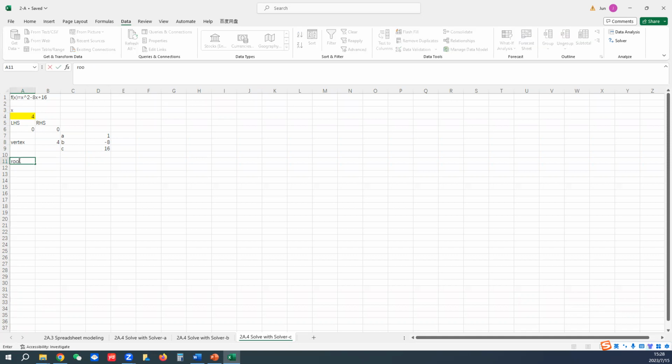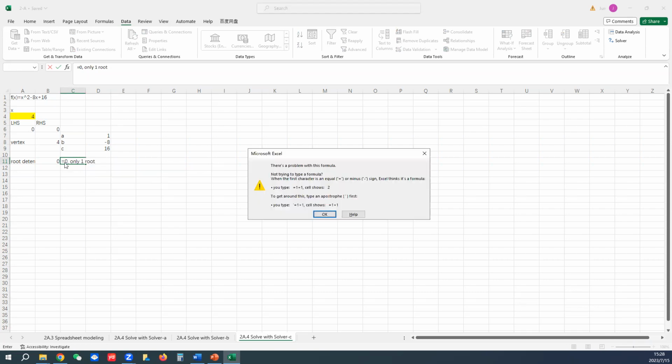Okay, and then also you can do the root determinant, which is b squared minus 4ac, equal to 0, only one root.